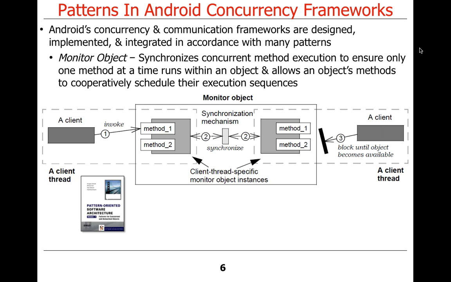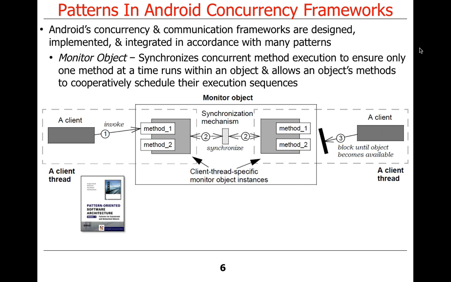One very basic concurrency pattern is Monitor Object. As you remember, hopefully, from the discussion of monitor objects when we talked about Java concurrency and synchronization mechanisms, monitor objects give you a way to synchronize concurrent method execution, so only one method runs at a time in a particular object. That is done using synchronized blocks or synchronized statements or the synchronized keyword, whatever you choose.